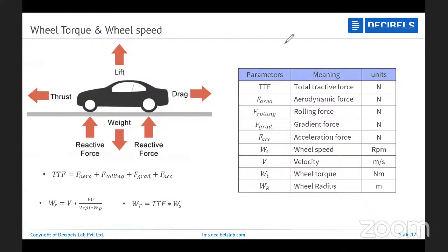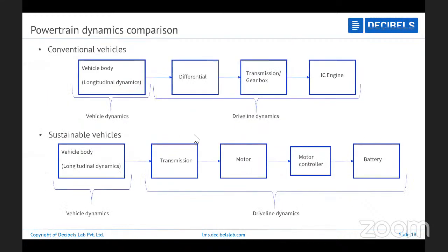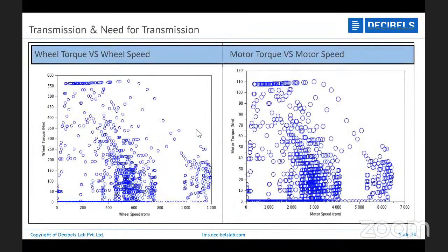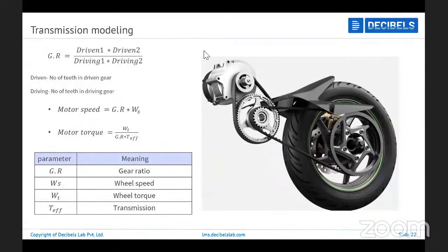Let me skip these things. Now for the transmission modeling, as you calculate the wheel speed and the wheel torque, that completes your vehicle body side. Then you will be moving into the transmission side.